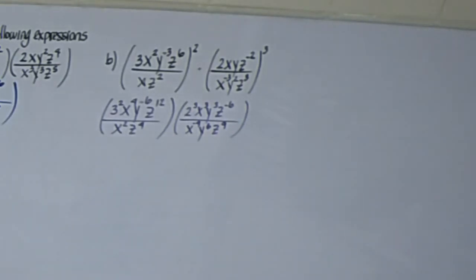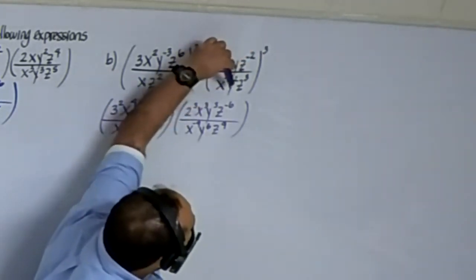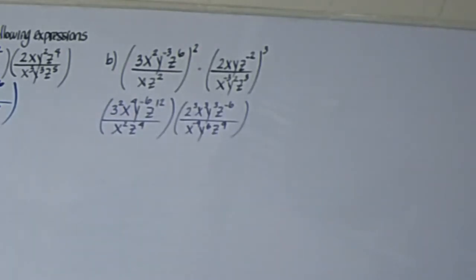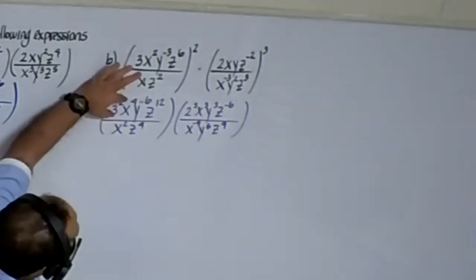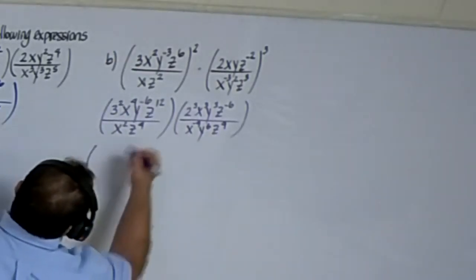Because remember, this number 3 is multiplying 3 by 2 and 3. Understood at this part? Right. Now, before multiplying, remember we have whole numbers, 3 second power. We have to simplify that expression.